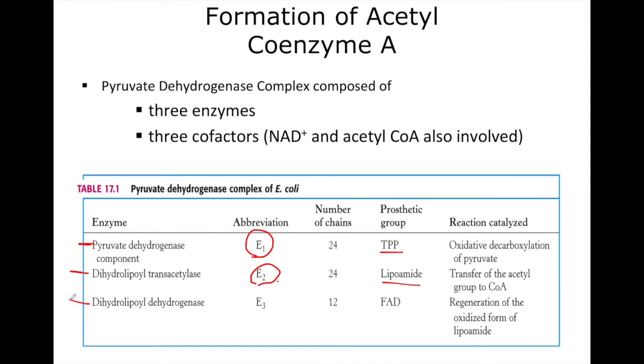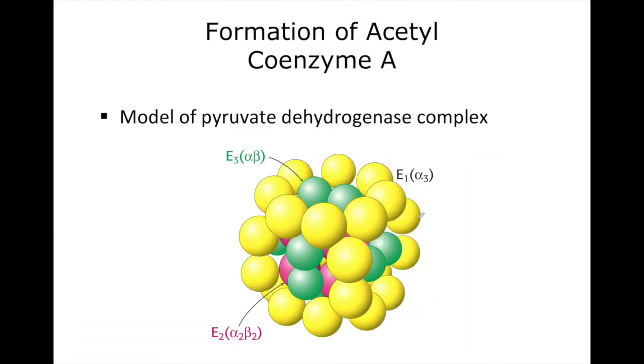And finally, there's an E3 portion of our complex, which is the dihydrolipoyl dehydrogenase, and it has a prosthetic group called FAD, which we'll talk about a little bit later. So we have three enzymes that make up our complex, and each enzyme has its own unique cofactor to help it carry out a specific part of this multi-step reaction. So this is what we're going to focus on and look at in a bit of detail.